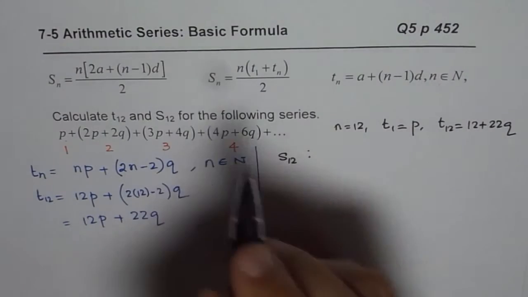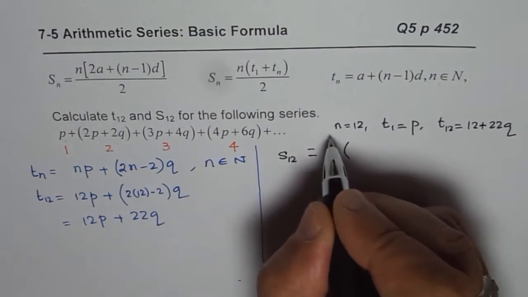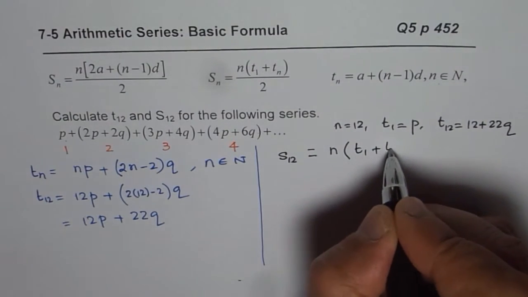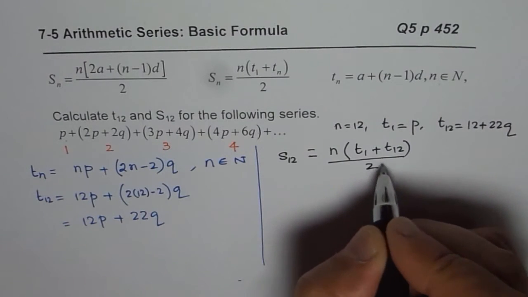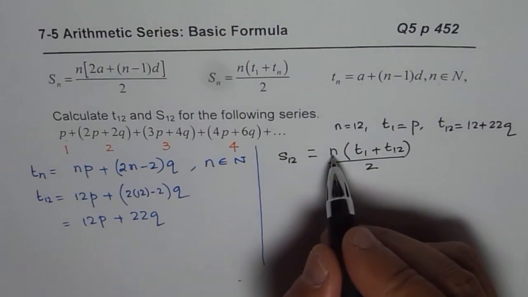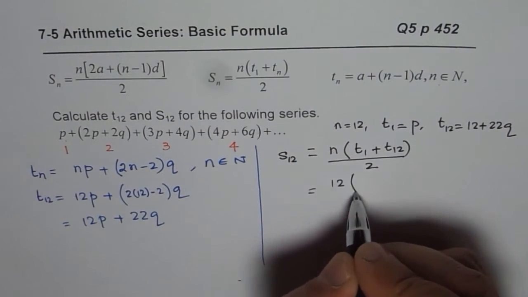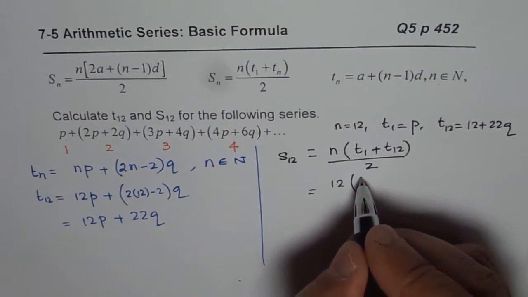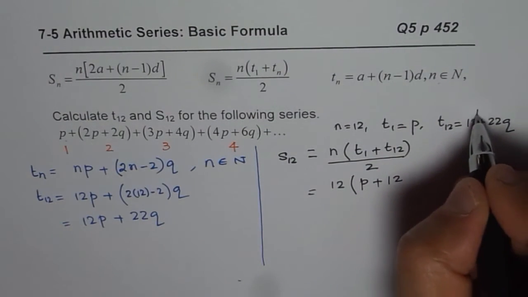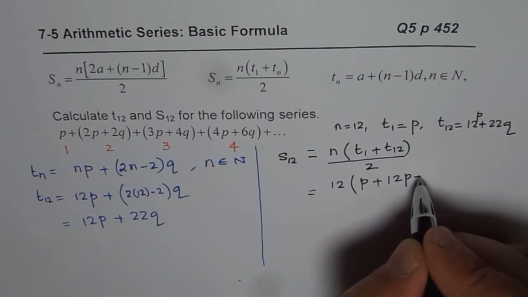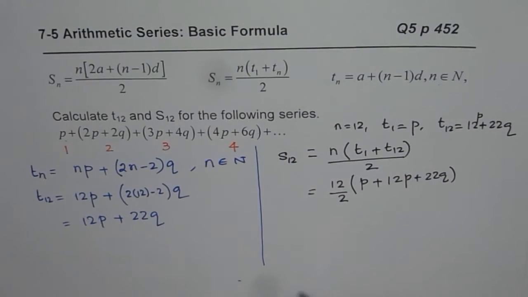And therefore we can use the formula, which is equal to n times the sum of the first and the last term, t1 plus t12, divided by 2, right? I call it average times the number of terms. Number of terms is 12, so 12 times (t1 is p for us, so we'll write p, plus t12, which is 12p plus 22q), right? Divided by 2, right?